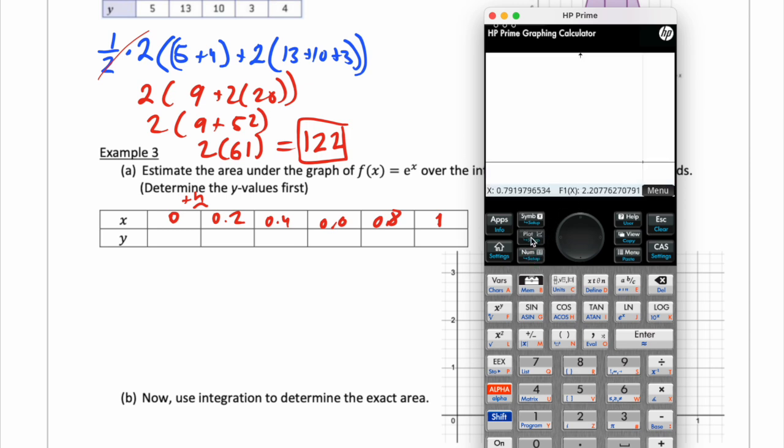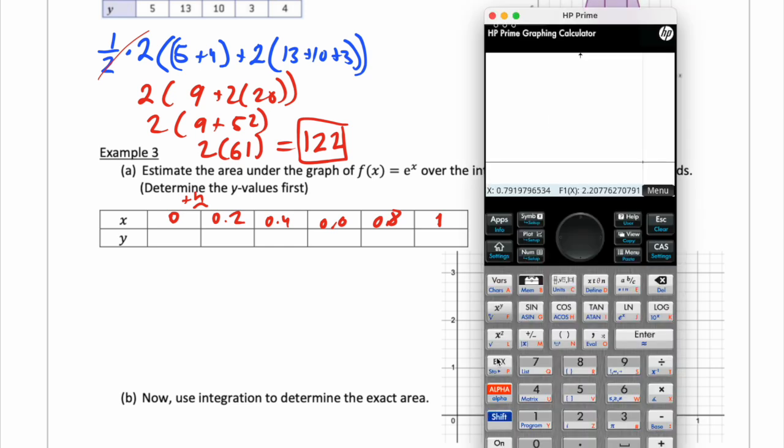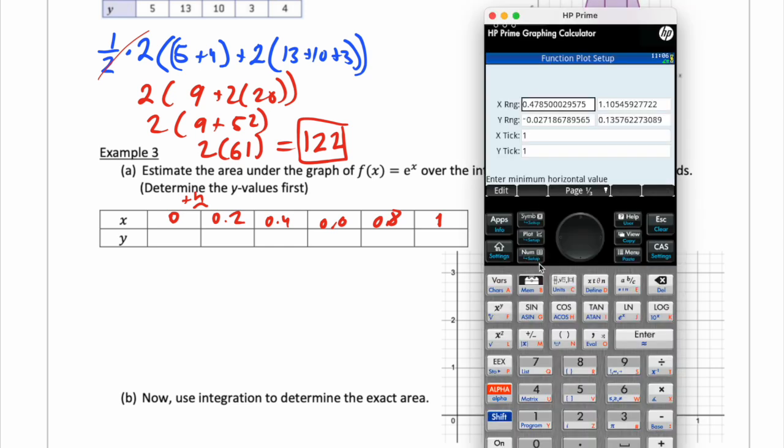I could plot it. I need to plot it from 0 to 1 on the x and 0 to 3 on the y, so I'm going to go to shift plot, 0 to 1 and 0 to 3.